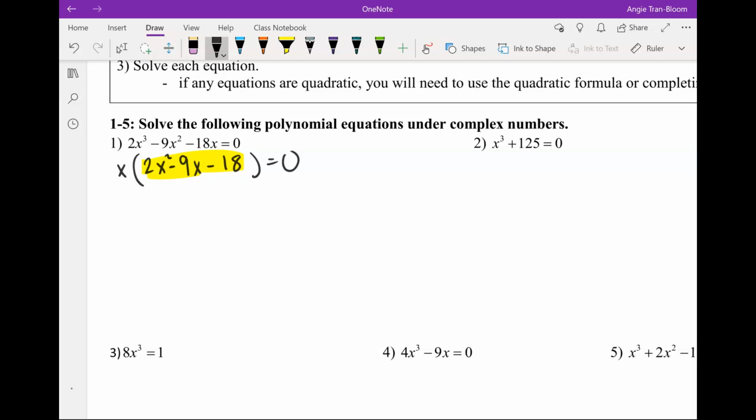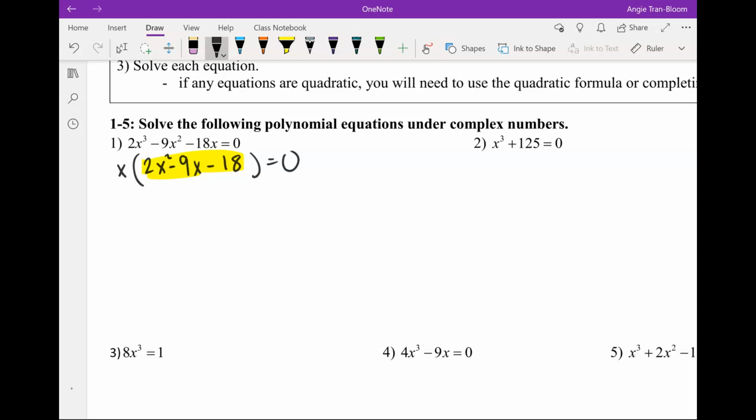Again, I'm here at tutorial, guys, to help you. So if you still need help on factoring, come and see me. What are the two numbers that when you multiply give you negative 36 and when you add give you negative 9? 3 and 12. Yeah.